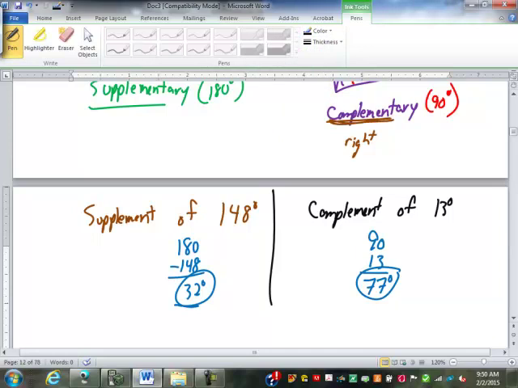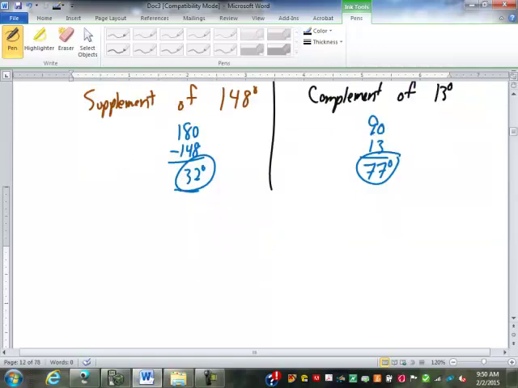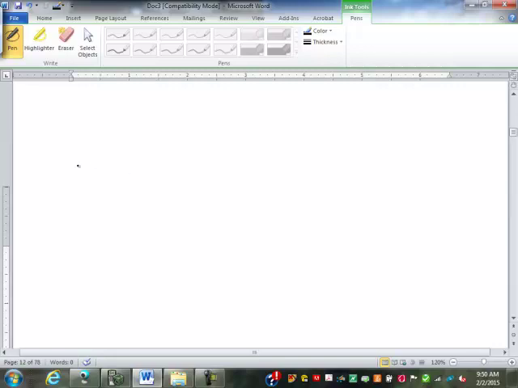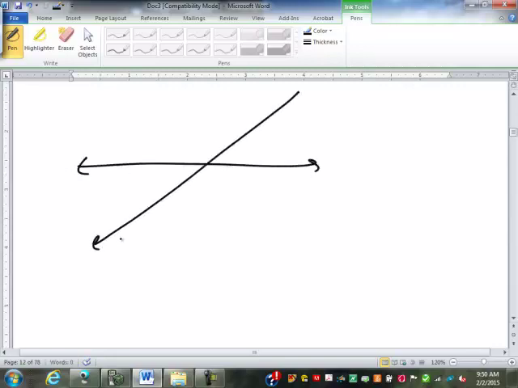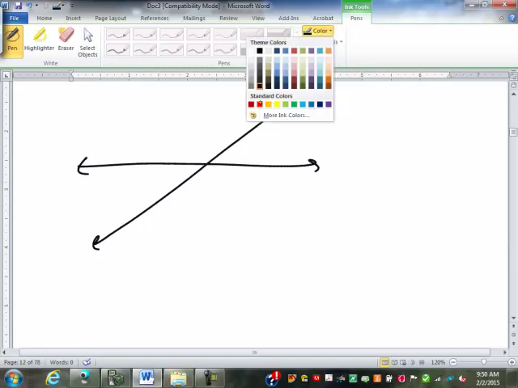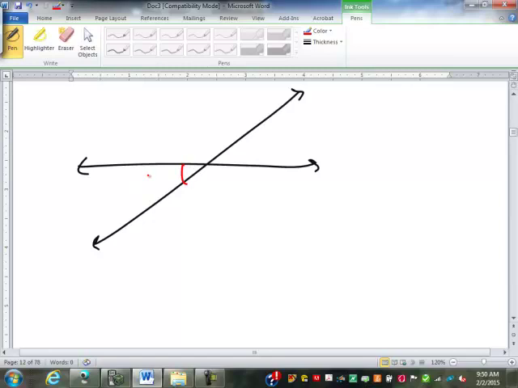Now there are some other relationships we run into in our angles. We could have some line segments that intersect, like this. And there are some very special relationships here. For example, if I tell you that this angle here is 31 degrees, I now know every other angle here because there are 4 pairs of supplementary angles.